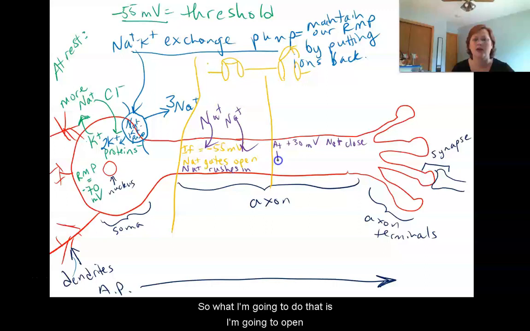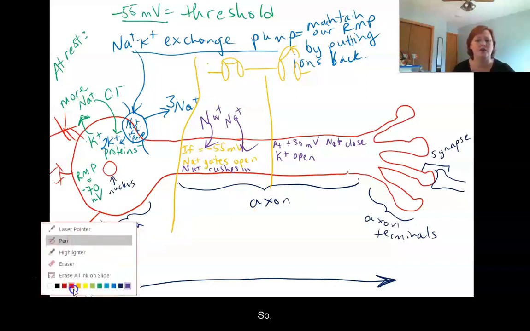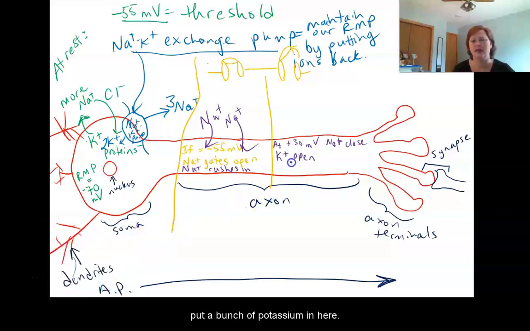So what I'm going to do then is I'm going to open potassium gates. Now, where did we say there was more potassium? There was more potassium on the inside, right? So if we put a bunch of potassium in here, potassium is going to start to rush out.